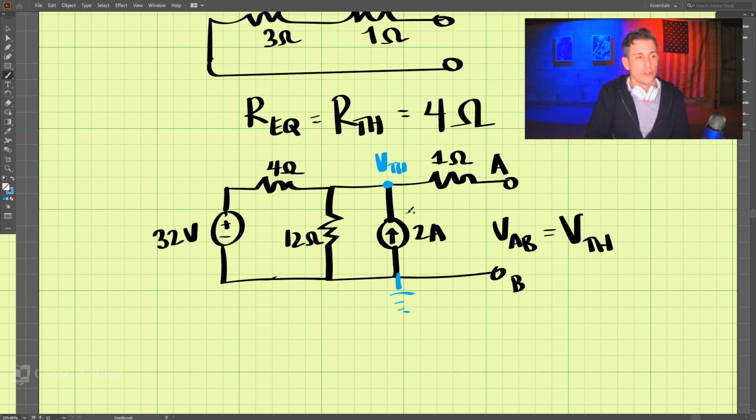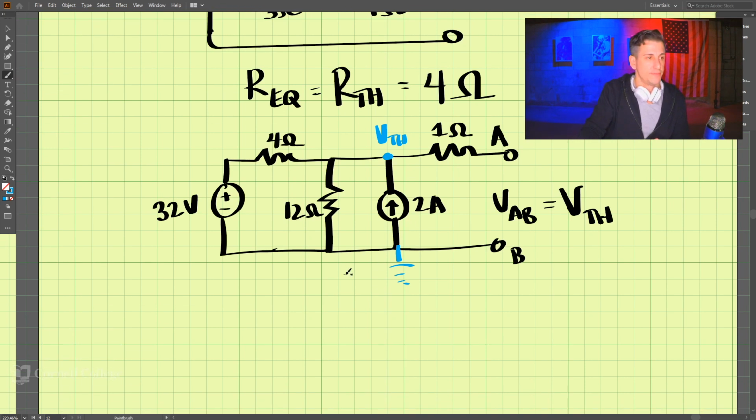And so what we have is we can do KCL, and this is 32 volts here, right? 32 volts. And this is all our Thevenin voltage. This is all here.